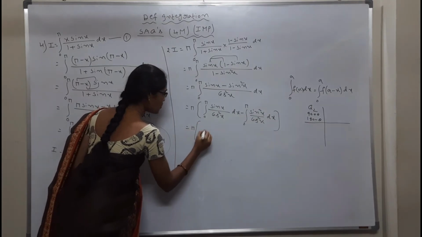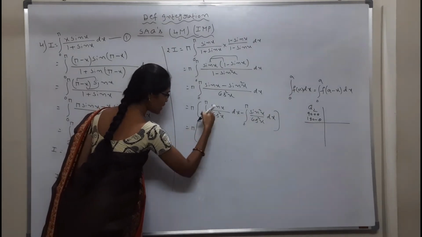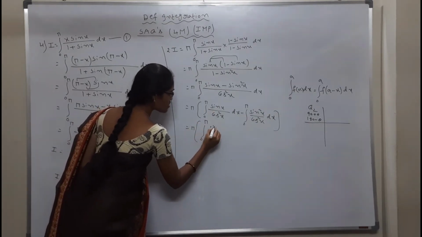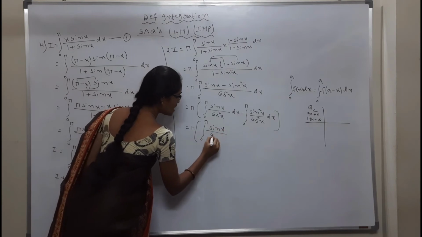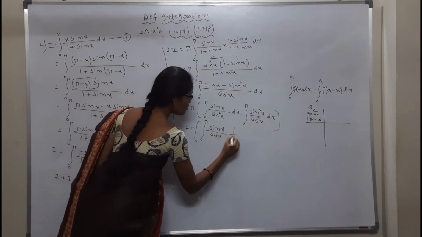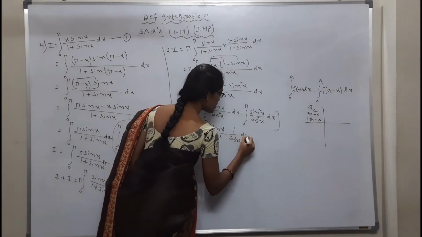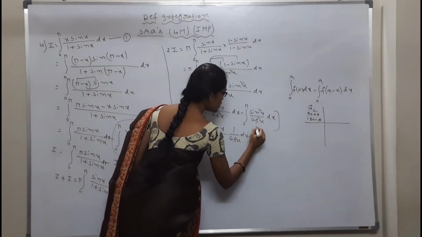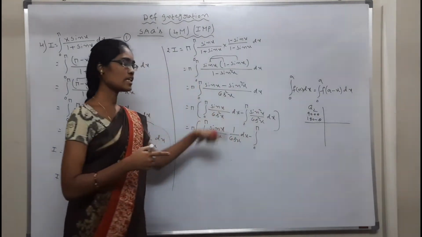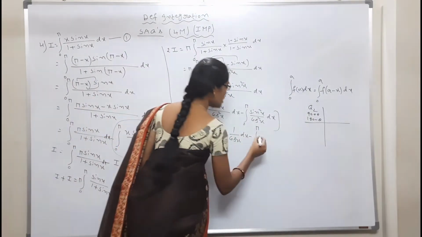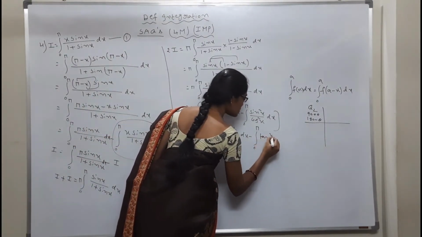That is equal to pi into integral 0 to pi sin x by cos x into 1 by cos x dx minus integral 0 to pi. See here, sin square x by cos square x can be written as tan square x dx.